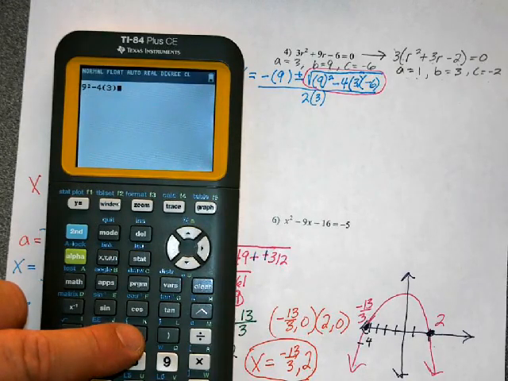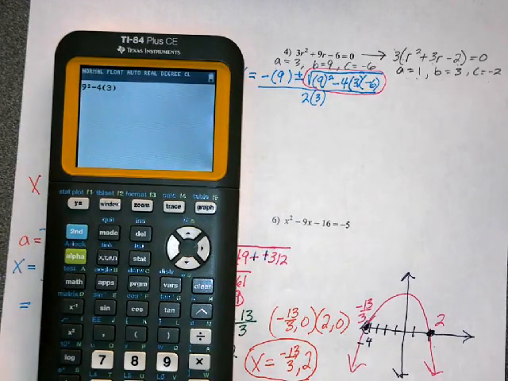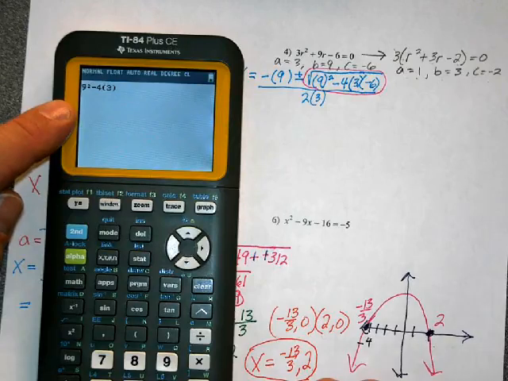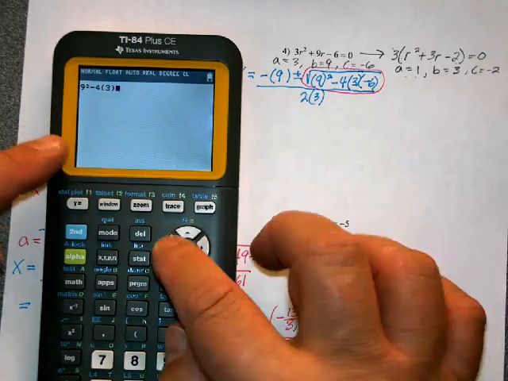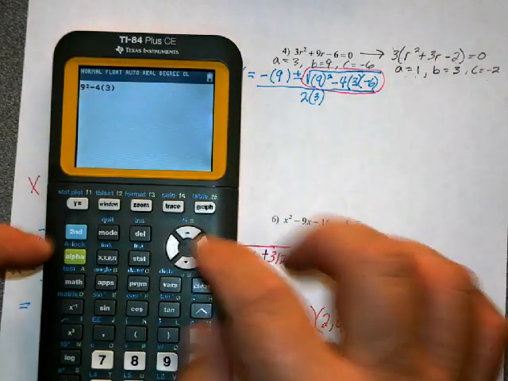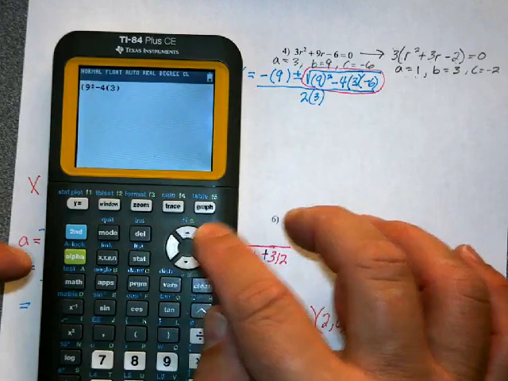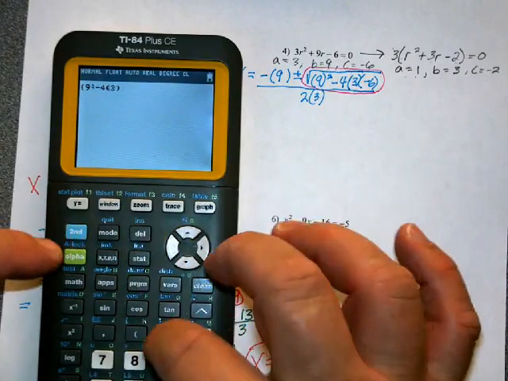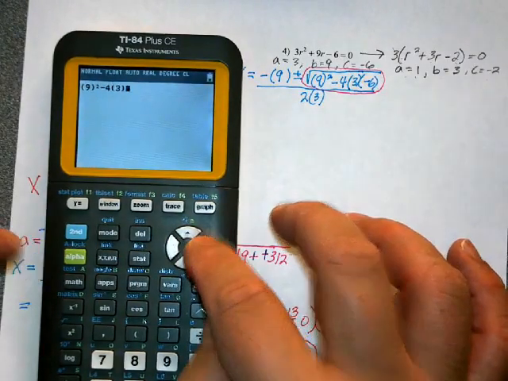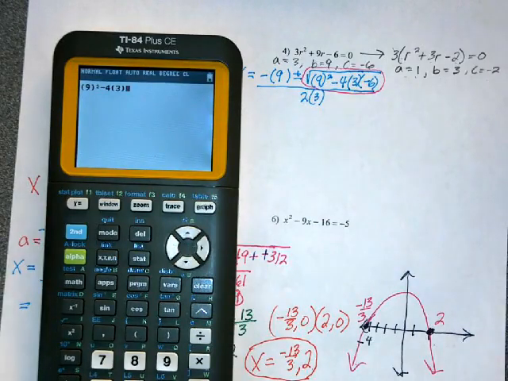If it was a -9, I would have to. Because it's a positive, I didn't. If you want to get in the habit of always doing it, it's always a good idea. If you want to, by all means, go ahead and put parentheses. Like I said, it's a good habit to do it.